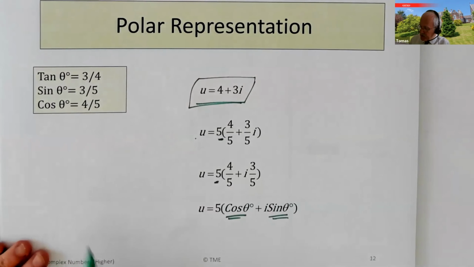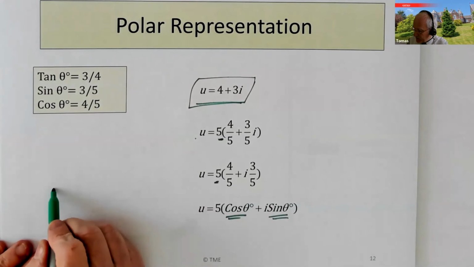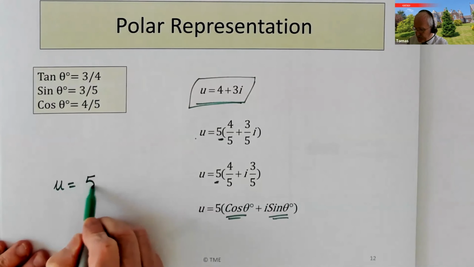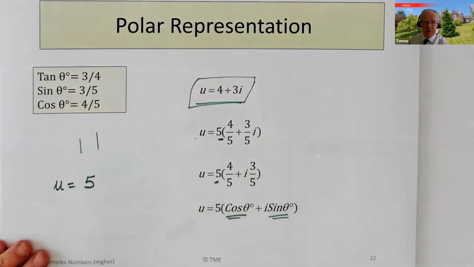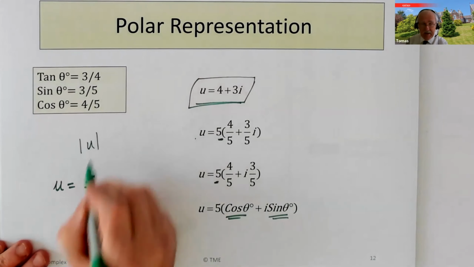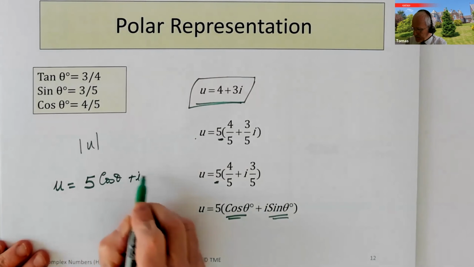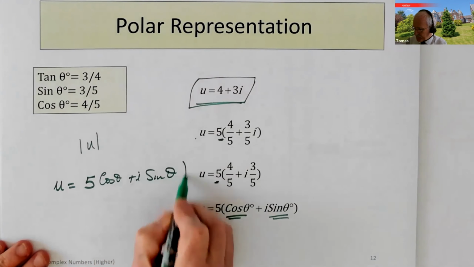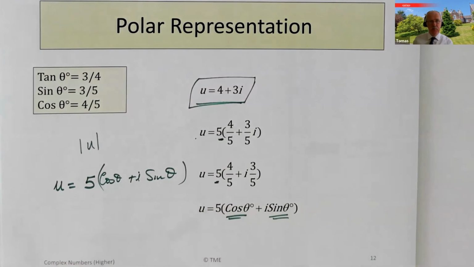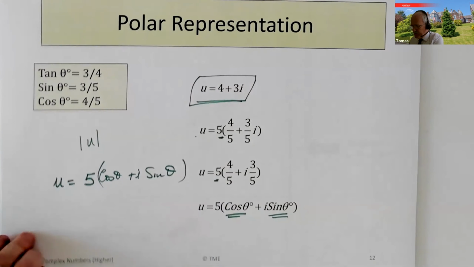So what we have is a nice way of writing complex numbers where u is equal to 5, which is really the modulus of u, the length, how far it is, times (cos theta plus i sine theta), with the brackets around both. So we have a number of ways now of representing complex numbers.